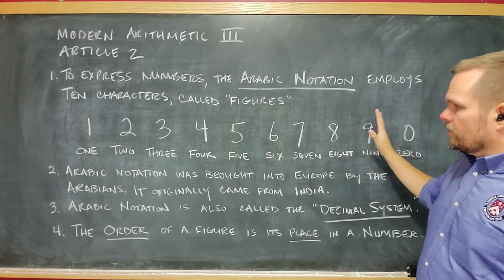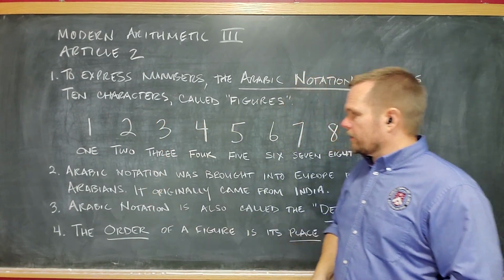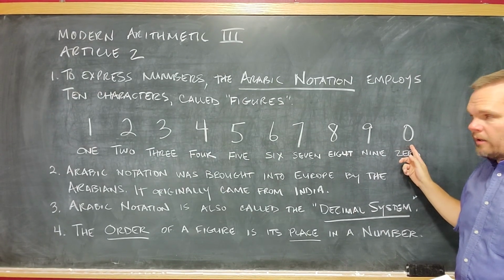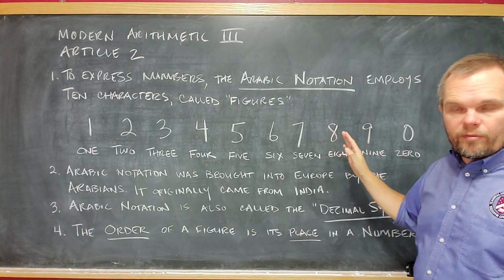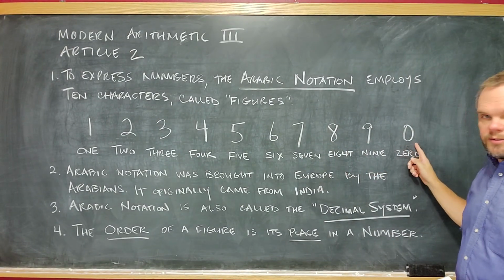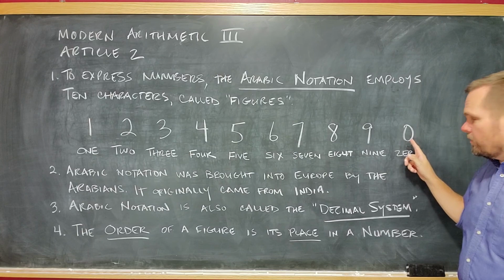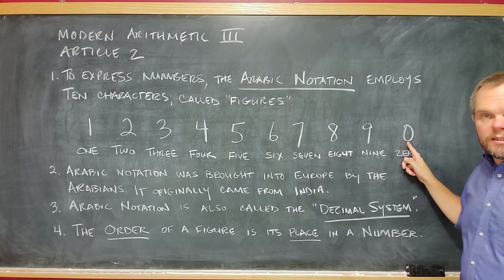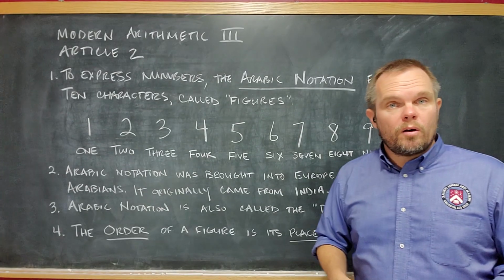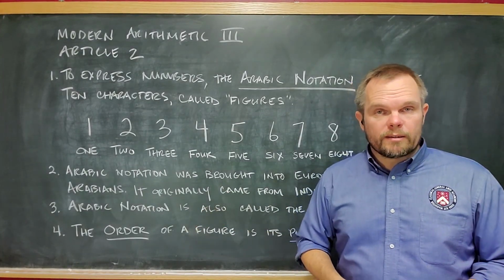Okay? So these are the 9 basic figures, but there's one more. And it's not 10. Even though there are 10 figures, the 10th figure is not 10, but 0. This figure in Arabic notation is a symbol that expresses 0 or no units.